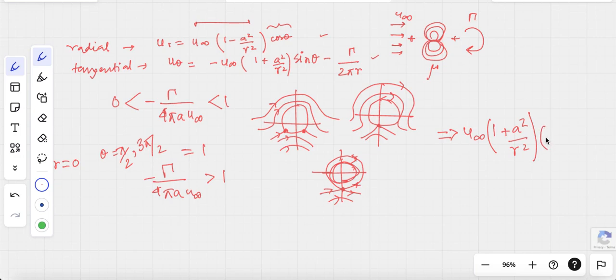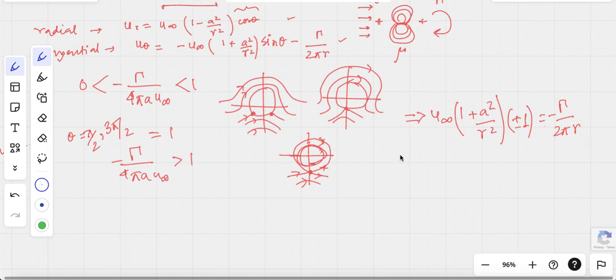This can be plus or minus 1, right, is equal to minus gamma by 2 pi r. From here we will have to find the value of r. So this will be rs.